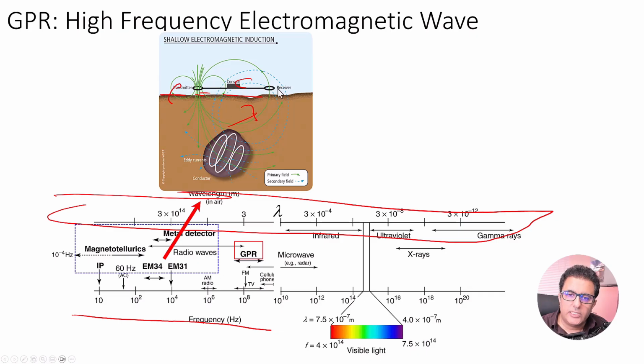And we measure the secondary and primary magnetic fields with another coil, the receiver coil. So this coil is the transmitter coil that produces the primary electromagnetic waves, and this coil is the receiver coil that records both the primary and secondary electromagnetic waves. The secondary magnetic wave, as I explained, is the magnetic wave that is induced as a result of eddy current in a conductive object below the surface.